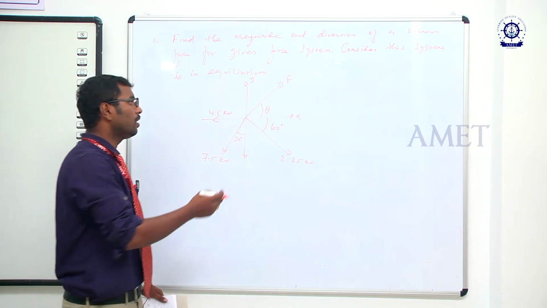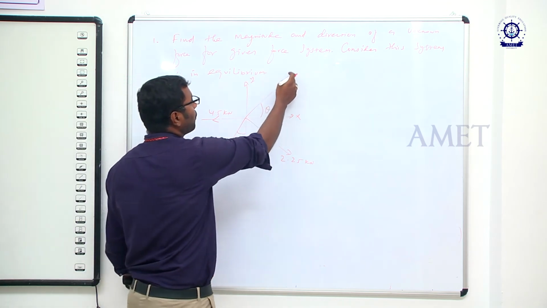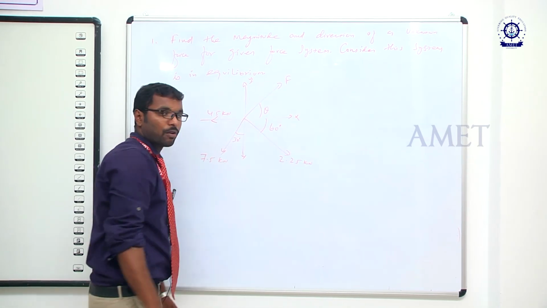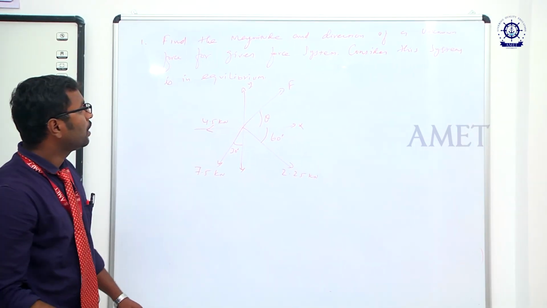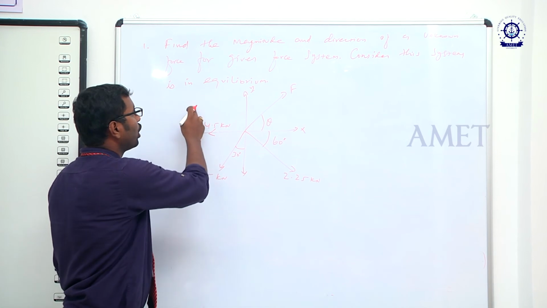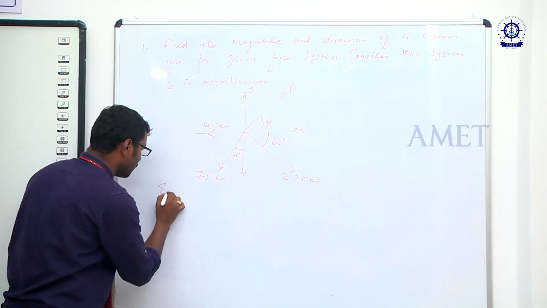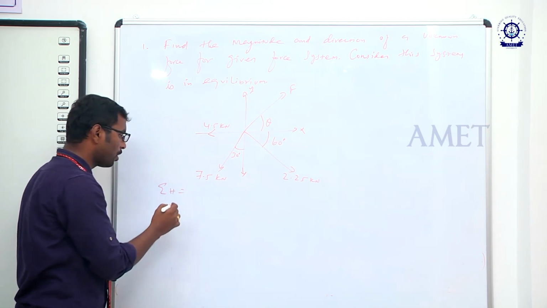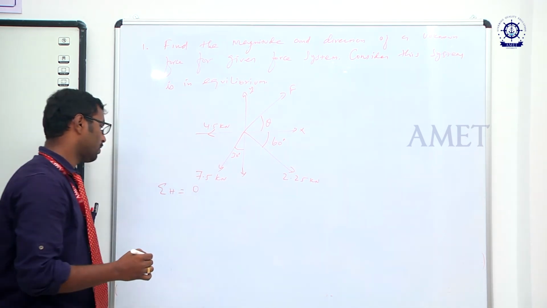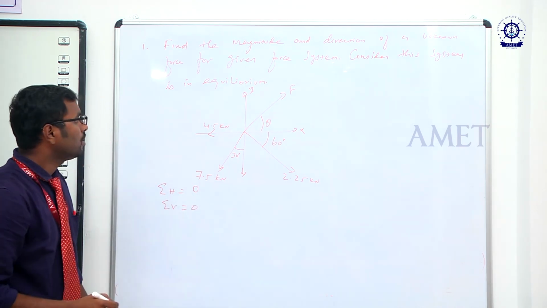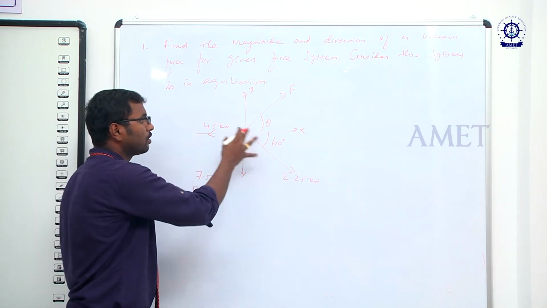So here we need to find the magnitude of this unknown force and the direction of this unknown force, that means theta. Here the system is in equilibrium. Equilibrium means the summation of horizontal components is 0 and the summation of vertical components is 0, because the system will not move.